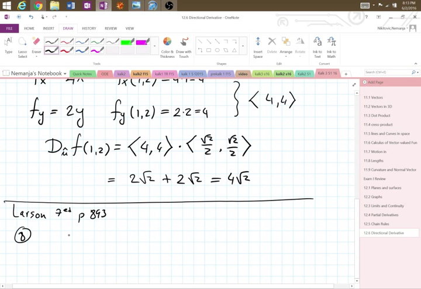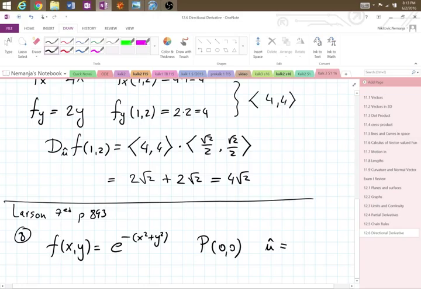So Larson says, your function of x, y is e to the negative x squared plus y squared. The point is 0, 0. And your vector u is i plus j.